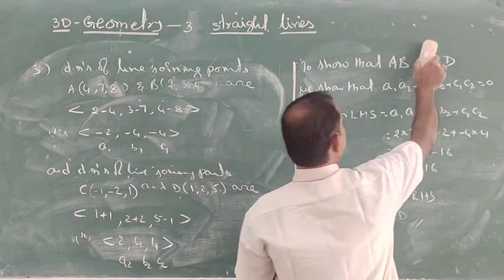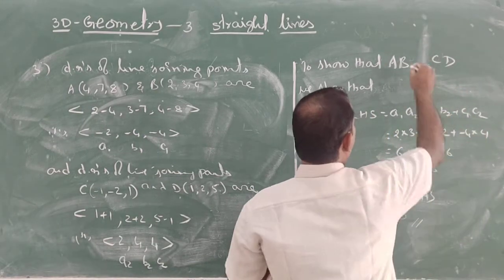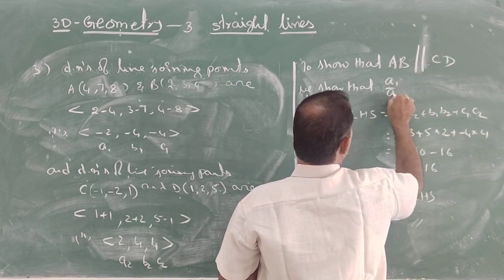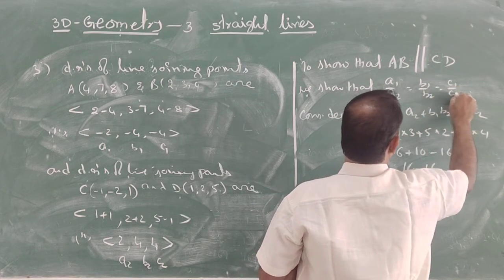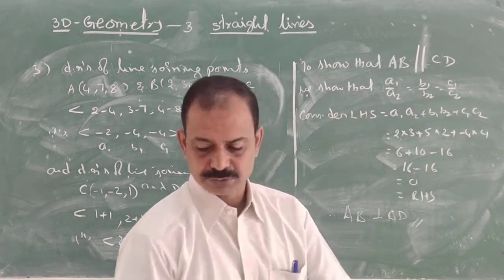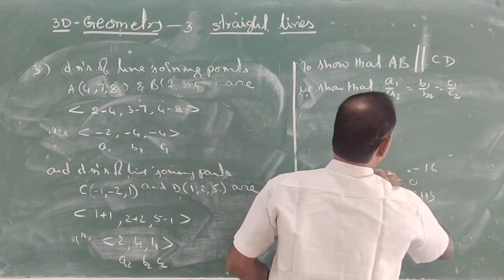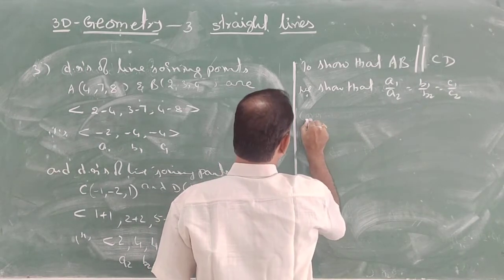To show that AB is parallel to CD, we have to show that A1 by A2 is equal to B1 by B2 is equal to C1 by C2. Just consider separately what is A1 by A2, what is B1 by B2, what is C1 by C2.